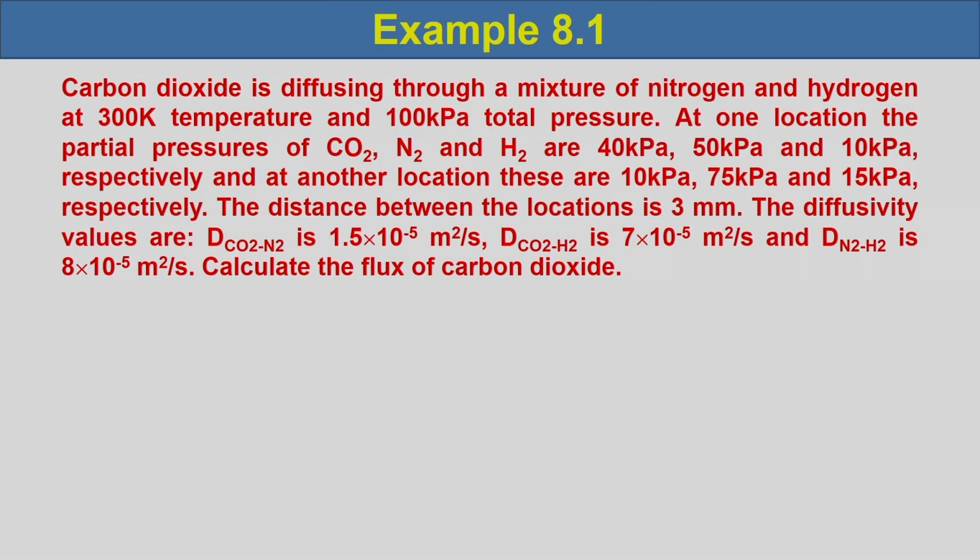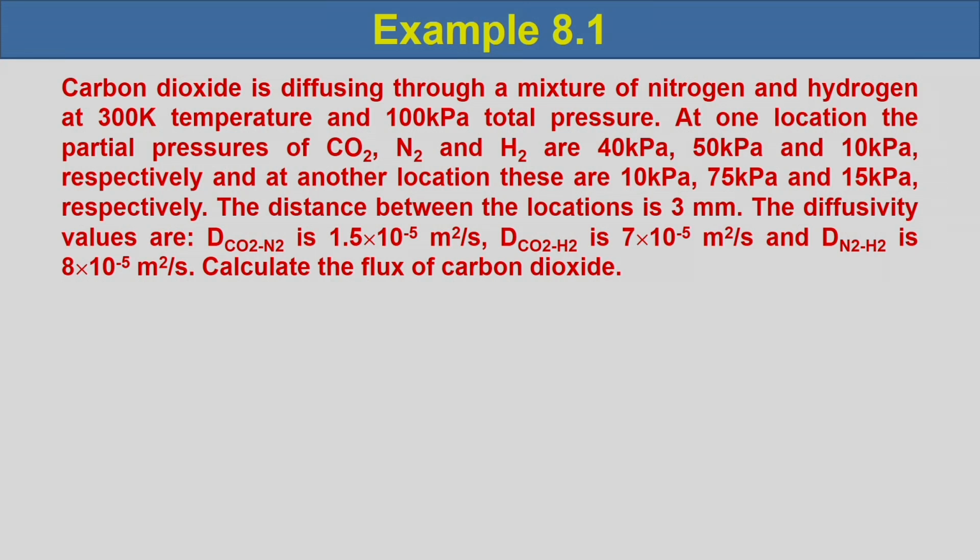Now, let us consider one example. Carbon dioxide is diffusing through a mixture of nitrogen and hydrogen at 300 Kelvin temperature and 100 kilopascal total pressure. At one location, the partial pressures of carbon dioxide, nitrogen and hydrogen are 40 kilopascal, 50 kilopascal and 10 kilopascal respectively, and at another location these are 10 kilopascal, 75 kilopascal and 15 kilopascal respectively.